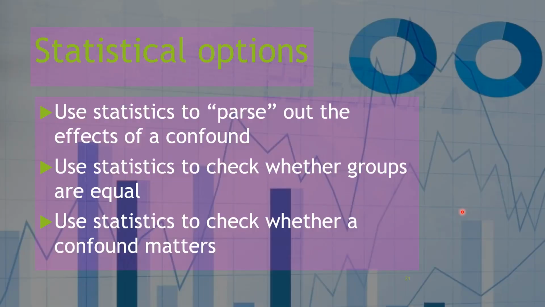And one of the more common ways to deal with validity issues is through the use of statistics. So if you have two groups of people and you gather information about their age, their gender, their socioeconomic status, and you want to see, okay, well, does this study method improve grades better than this other study method, but you don't want all of those personal things to affect your results, you can actually put those into different types of analyses to see, okay, well, do boys versus girls do better?